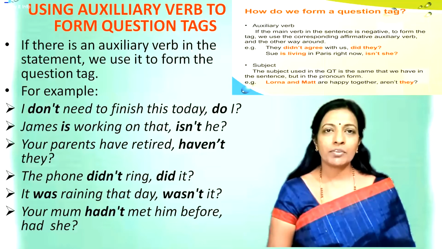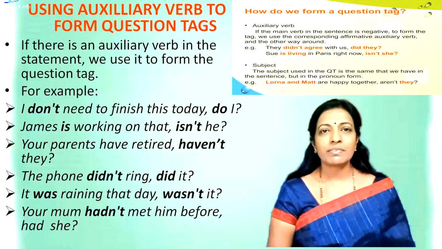The only difference is that if the subject is a noun, then you have to use a pronoun in the question tag. So, the question tag will always have a subject in the pronoun form. Let us now look at some of the examples.